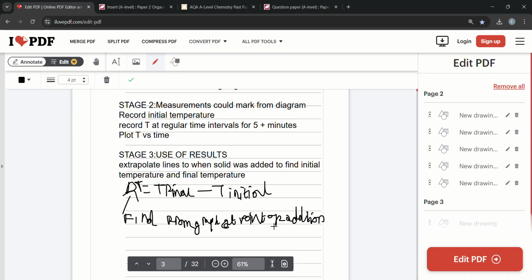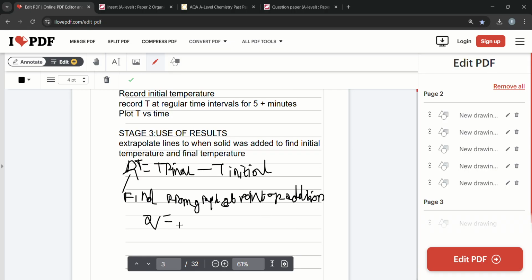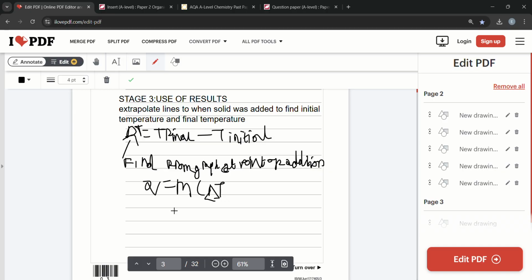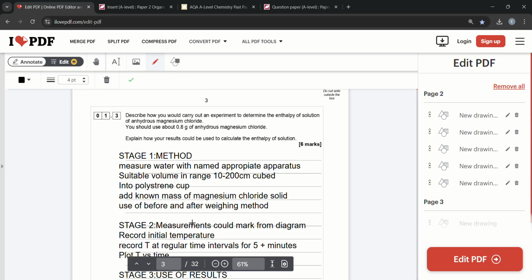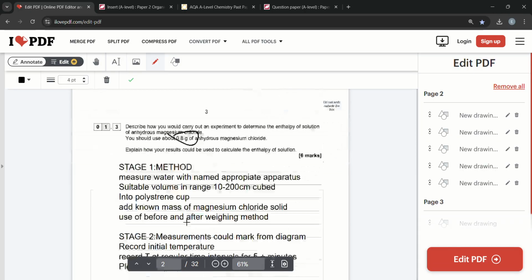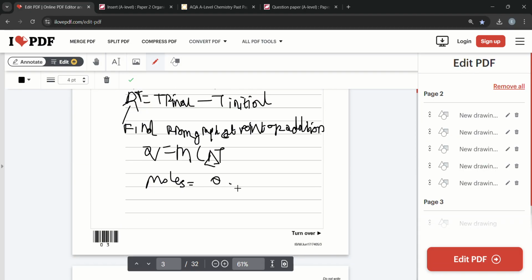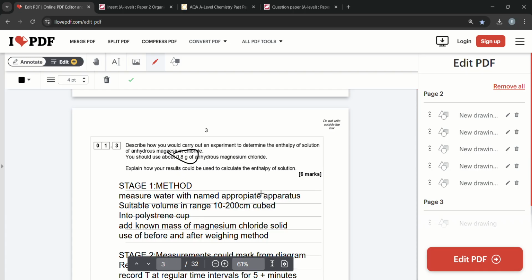And then to find Q is mc delta T. I've got delta T, and then we find out the moles. Moles is mass over Mr. I have 0.8 grams of magnesium chloride divided by the Mr, 95.3. That'll give me 8.39 times 10 to the power minus 3 moles. And what are we trying to find? We're trying to find the enthalpy of solution.